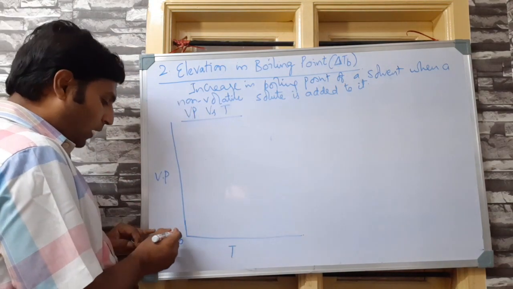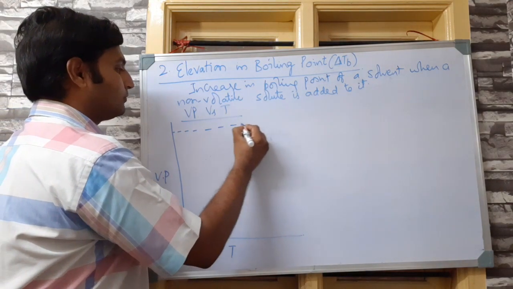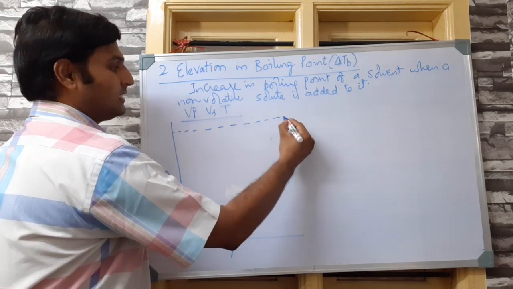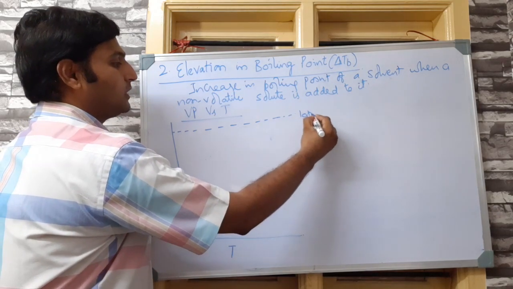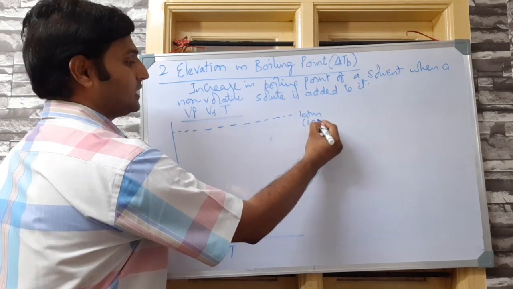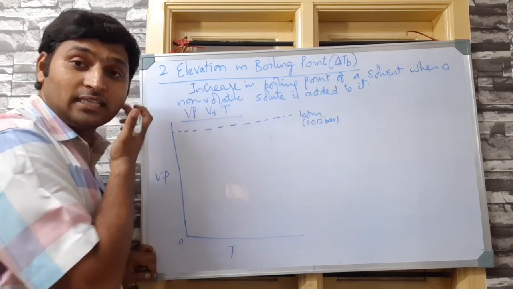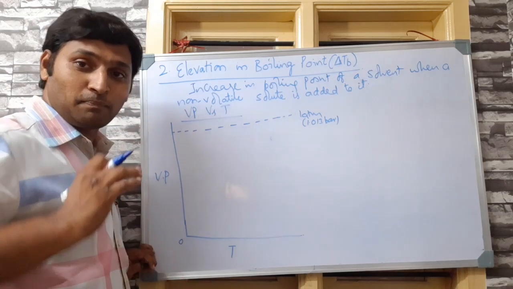Now, see, while increasing the vapor pressure on the y-axis, assume it reaches a value of 1 atmosphere. Why am I taking exactly 1 atmosphere? You know very well 1 atmosphere is nothing but 1.013 bar. Why am I taking that? Because that is the normal atmospheric pressure.